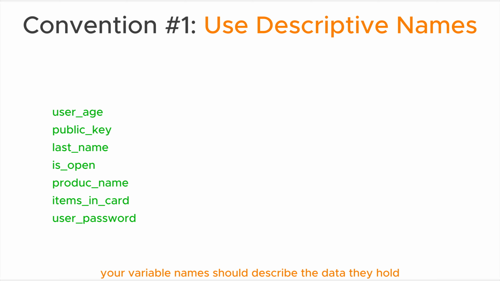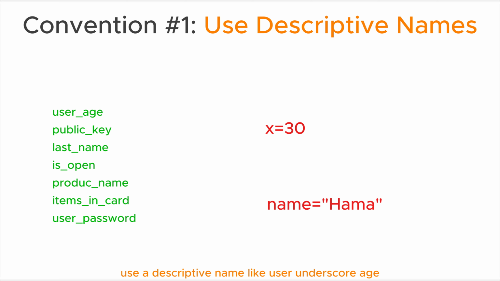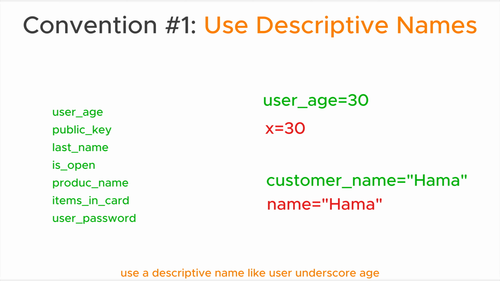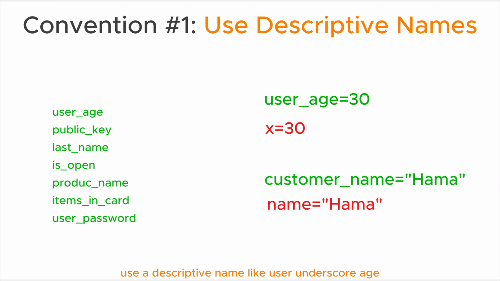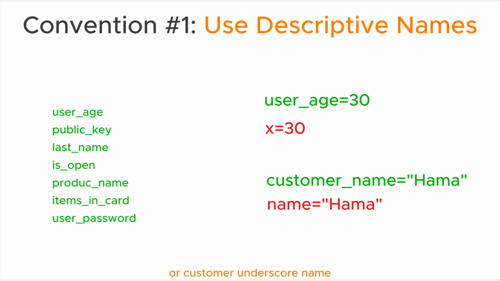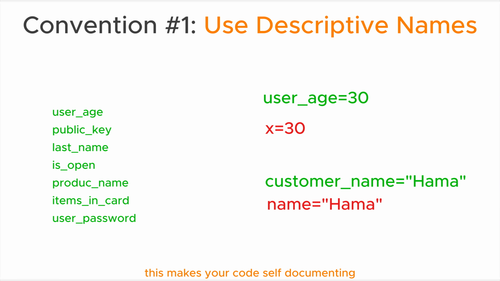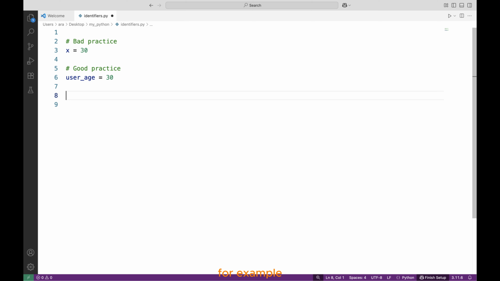Your variable names should describe the data they hold. Instead of a short, cryptic name like x, use a descriptive name like user_age or customer_name. This makes your code self-documenting. For example, bad practice, x equal to 30. Good practice, user_age equal to 30.